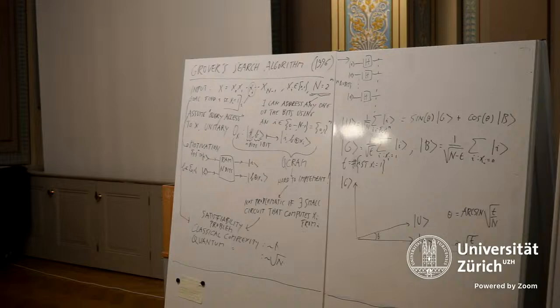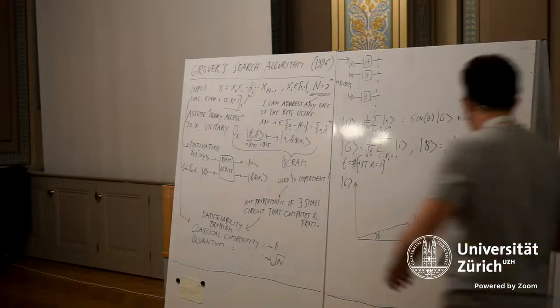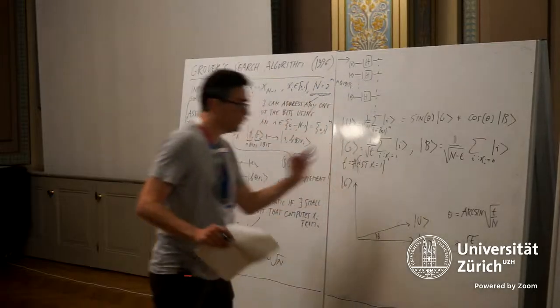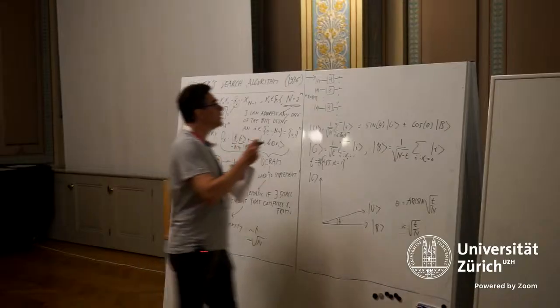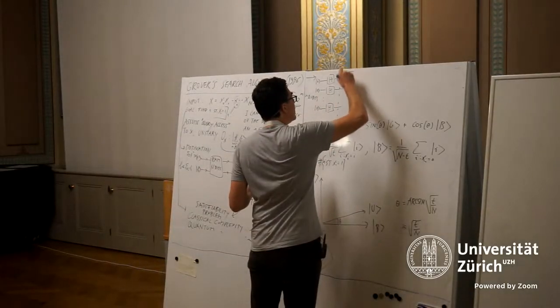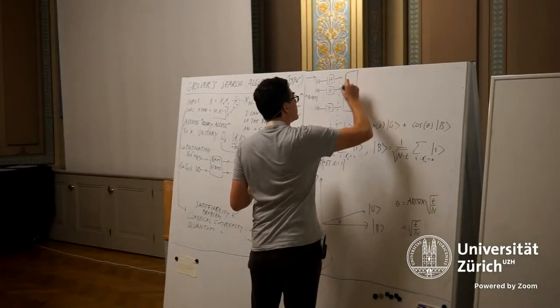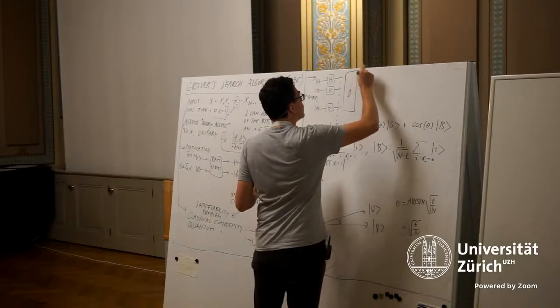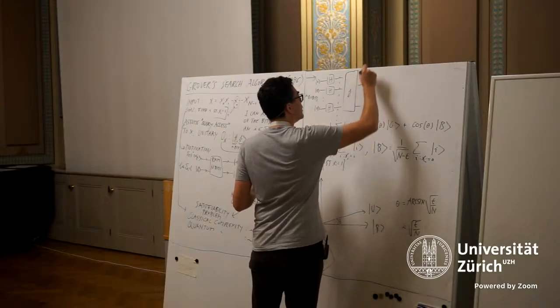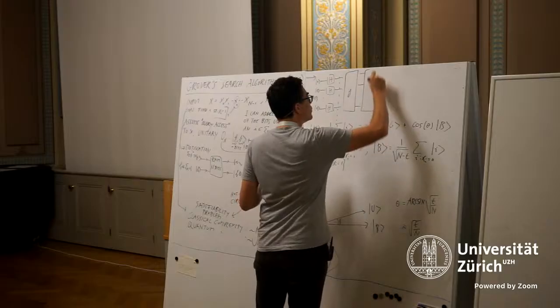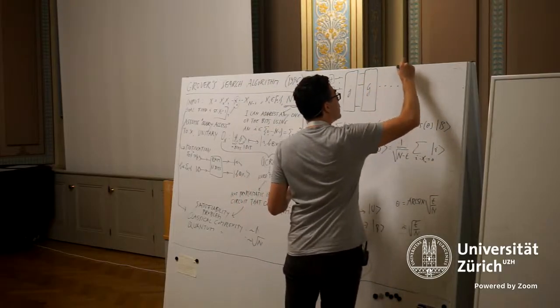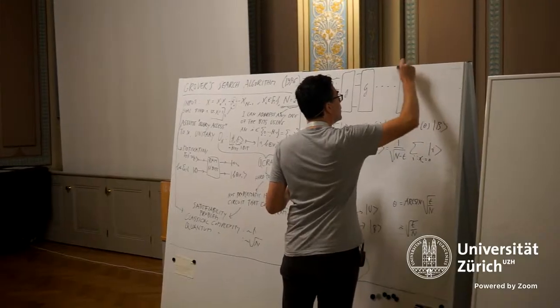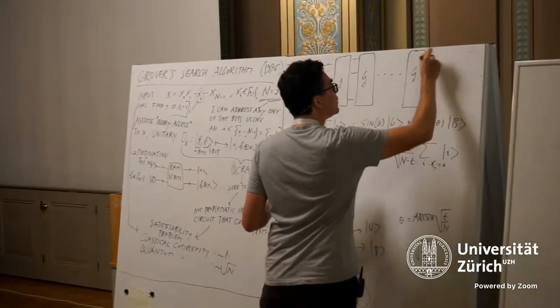The goal of Grover's algorithm is to shift this initial state slowly towards the good space. And the way it does that is through so-called Grover iterations, which I'll detail in a second. It just repeats a number of Grover iterations, and then some state comes out.